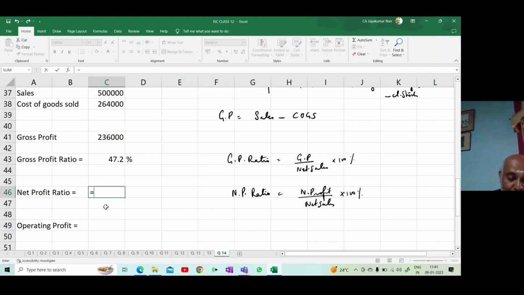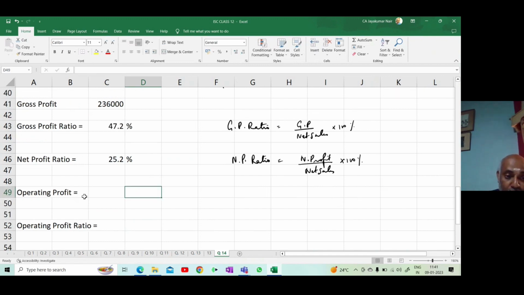So what do we get? Net profit is 1,26,000 divided by the net sales into 100%. It is 25.2%. Now they are asking you what is operating profit ratio.